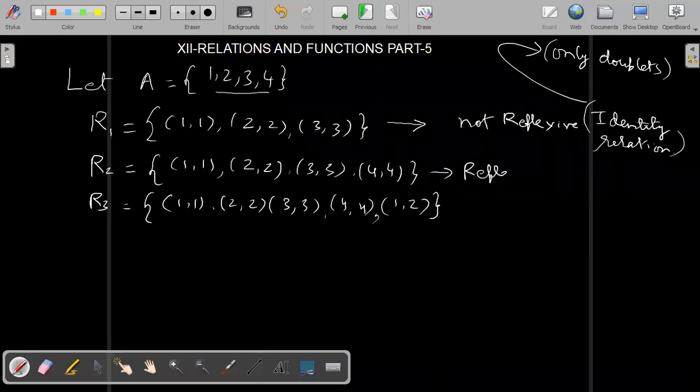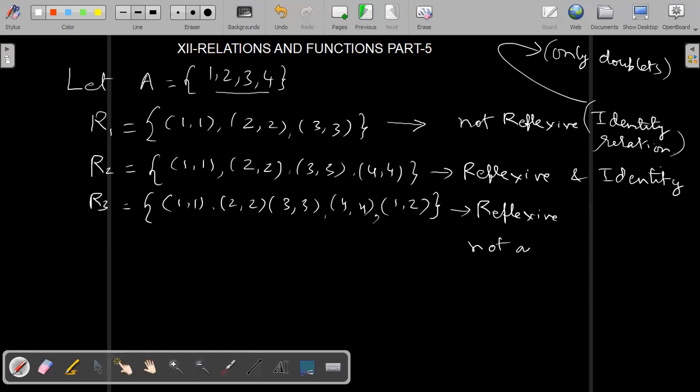It is reflexive, and it is also an identity relation, because it does not have an element which is not related to itself. But for R3, all four elements are related to itself, so it is reflexive, but it is not an identity relation.